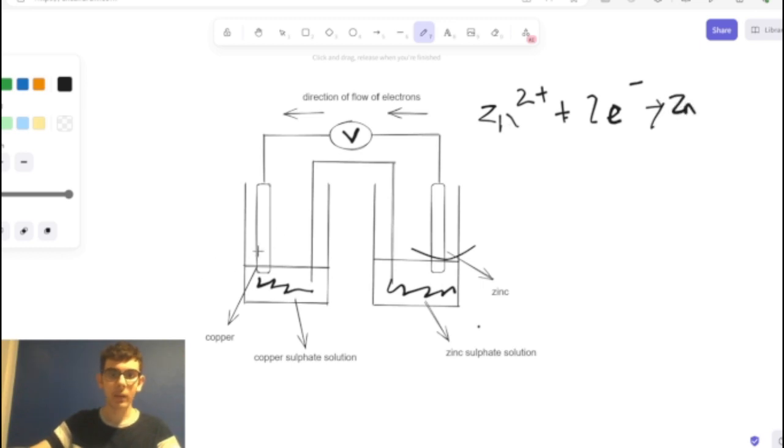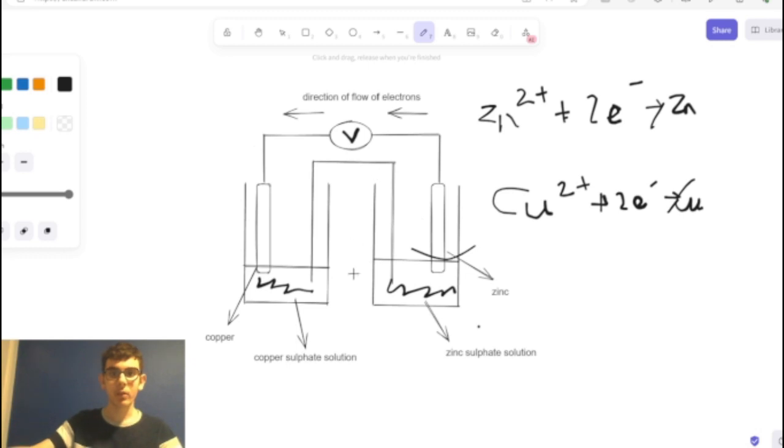And on this side, it will be Cu2+, because copper is a transition metal, plus 2e- will equal copper element. And this is chemical fuel cells.